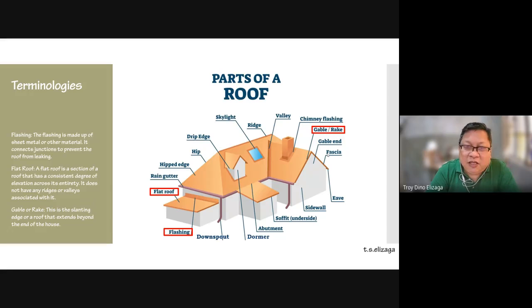Flashing. Okay, here's the definition: it is made of sheet metal or other materials. It connects junctions, or connections, to prevent the roof from leaking. So the idea here, for example in this shed, is that flashing is like your masking tape.